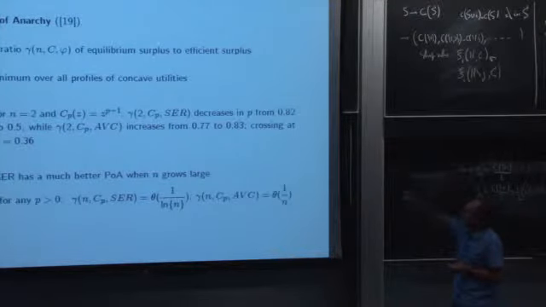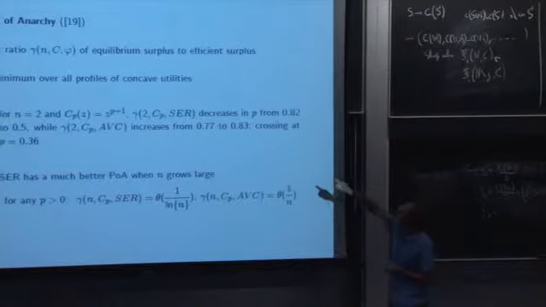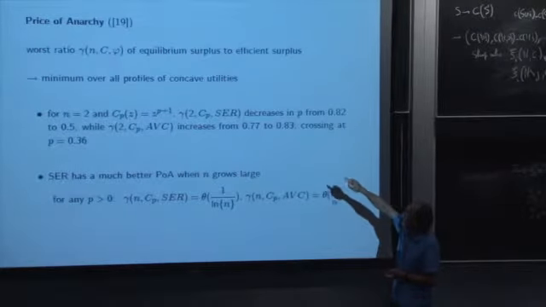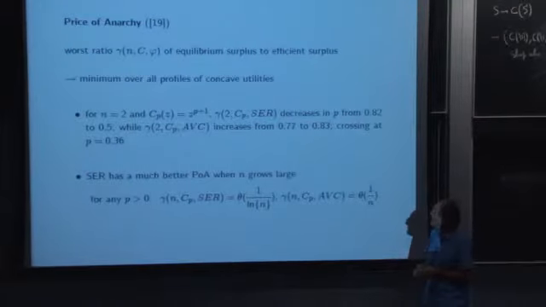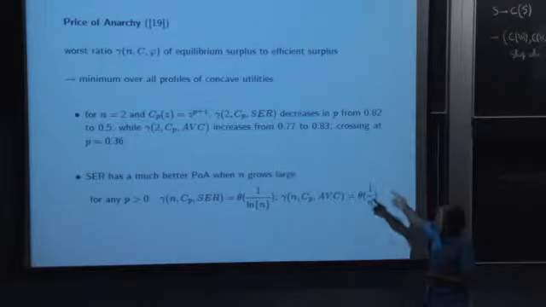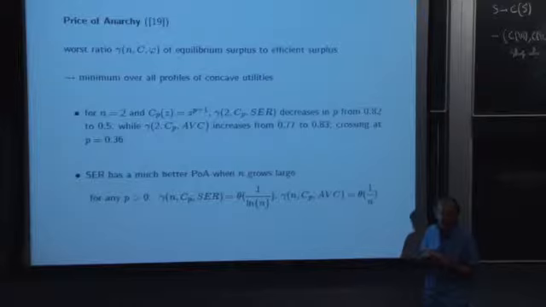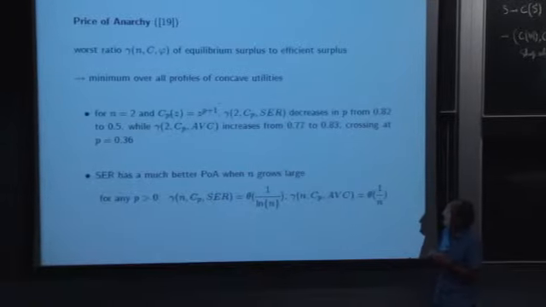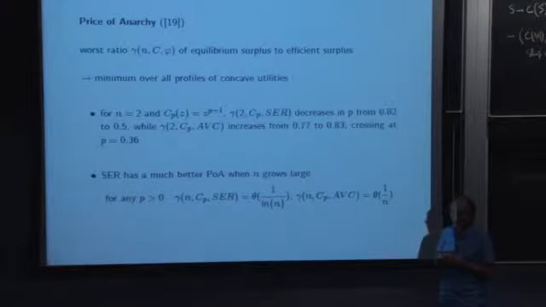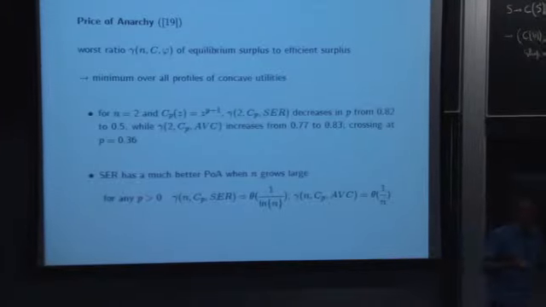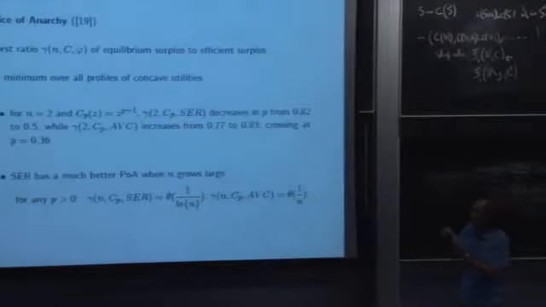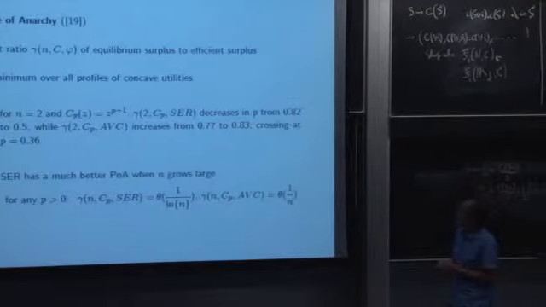And what I called price of anarchy corresponds to this ratio, the worst ratio of equilibrium surplus to efficient surplus. So you see the gamma depends on n, the number of players in the game, C, the cost function, which is this one-dimensional convex function, and phi is the cost sharing rule, which here I'm going to take only to be serial or average cost.